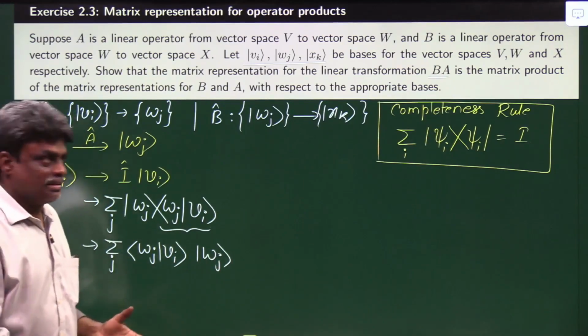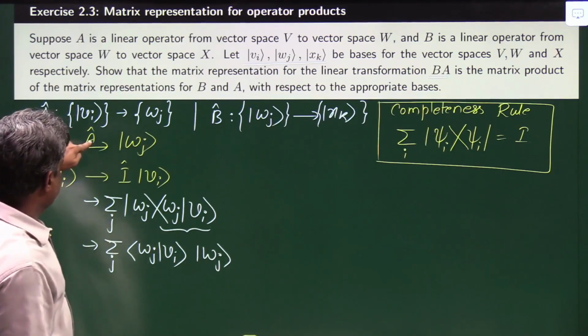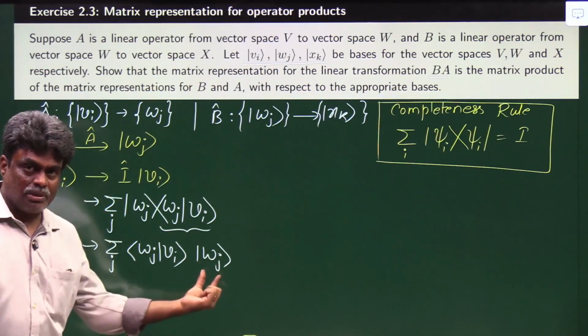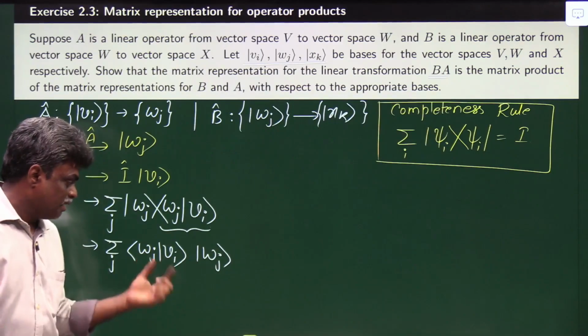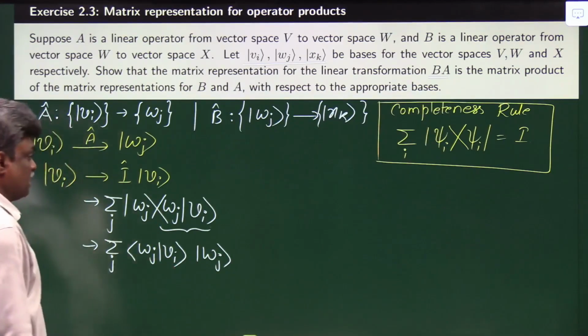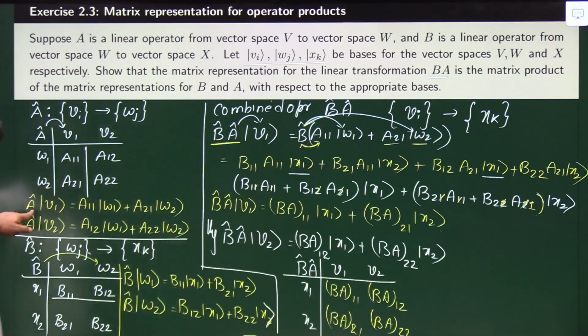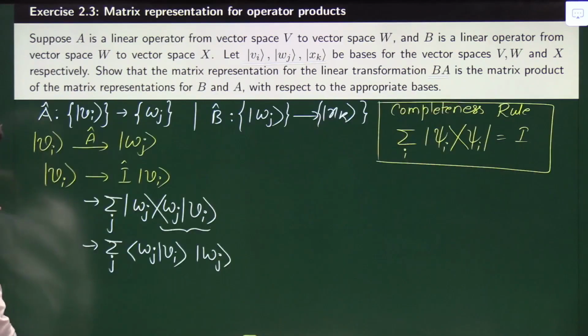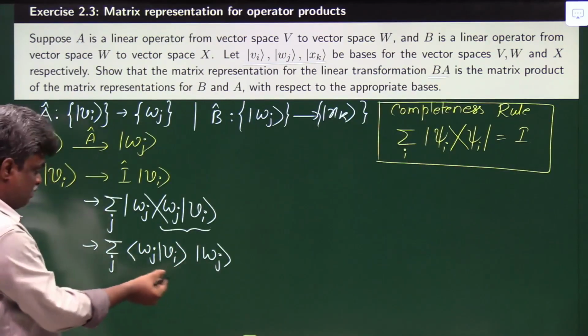So what is this? This A is transforming Vi as a linear combination of Wj, because this is a constant. In our earlier example also we have seen, if you observe carefully this one, this A is operating on V1, we got the linear combination of W1, W2. So this is also the same.